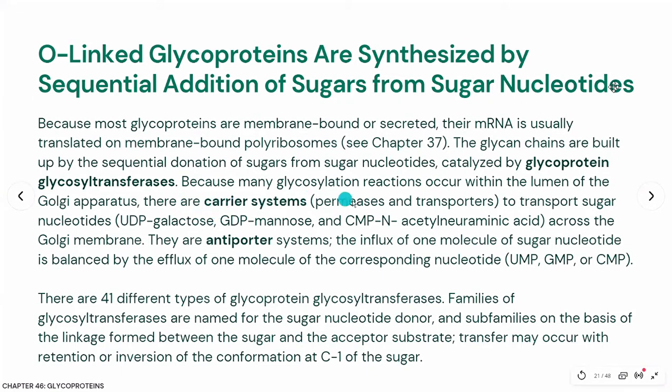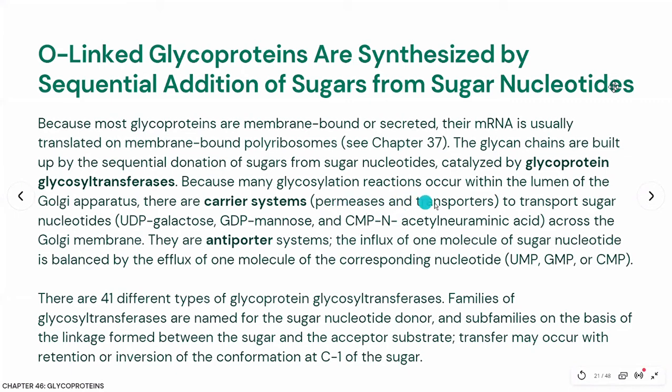Because many glycosylation reactions occur within the lumen of the Golgi apparatus, there are carrier proteins. And what are these carrier proteins? They are the permeases, from the word permeate, okay?